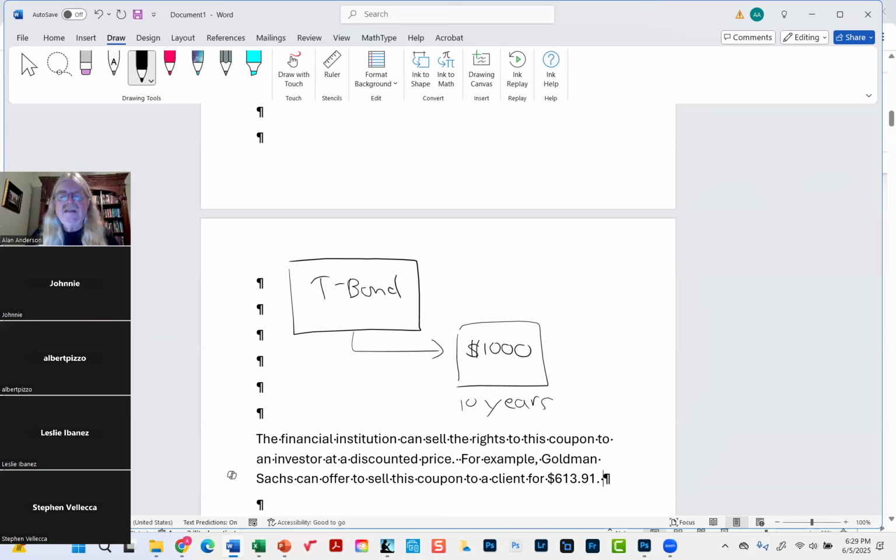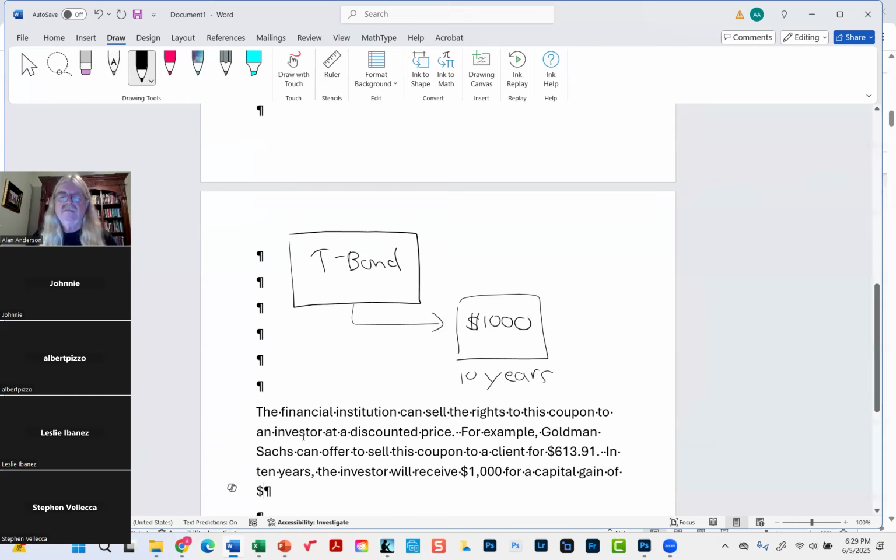Okay, so then the investor buys this thing. In 10 years, the investor will receive $1,000 for a capital gain of $386.09.